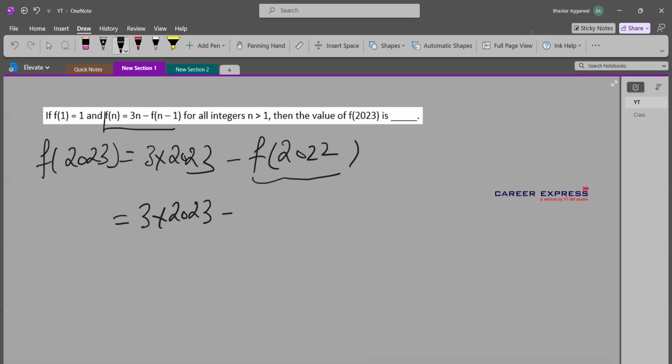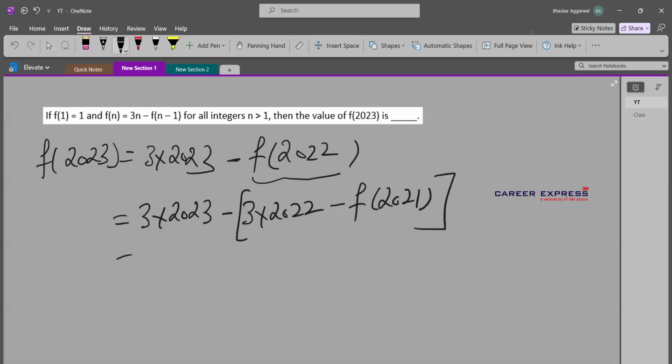So again, I can use this same definition. So that will be 3 times 2022. And because we have a negative sign already here, let us put a bracket. 3 times 2022 minus f2022 minus 1, so 2021. So if I remove the bracket, 3 times 2023 minus 3 times 2022 plus f2021.